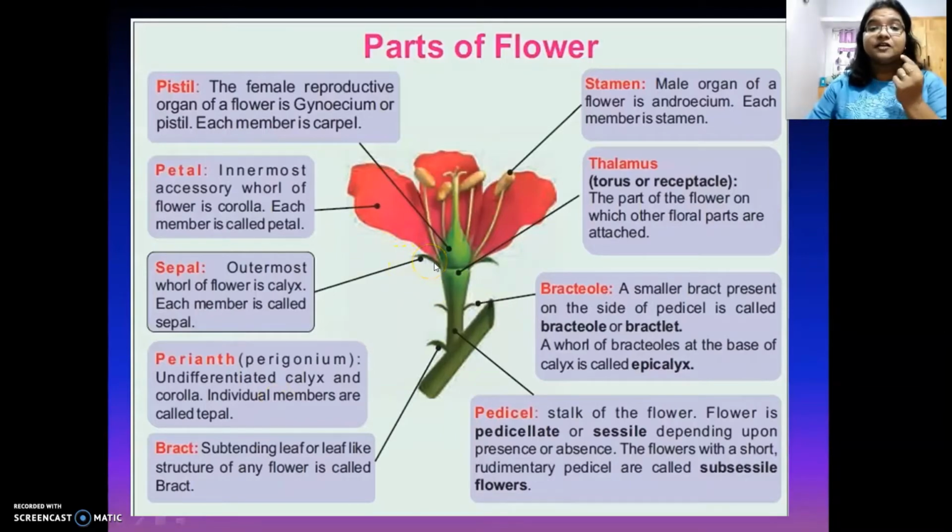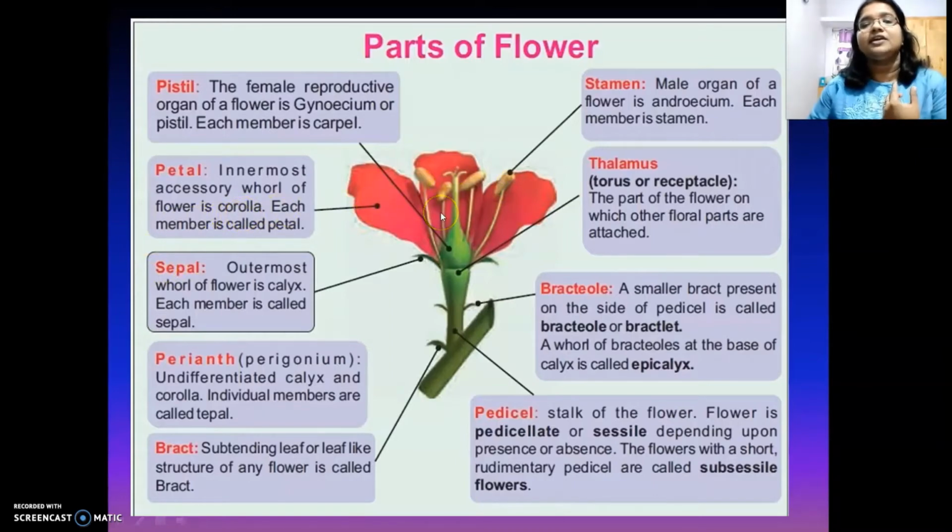A whorl of sepals you could see around the bud of the flower, or in fully bloomed flowers also you could see a green part, the sepals which form a whorl, and that is called the calyx. Then the most attractive part of the flower, the brightly colored part, we call the petals. Petals together form the corolla.